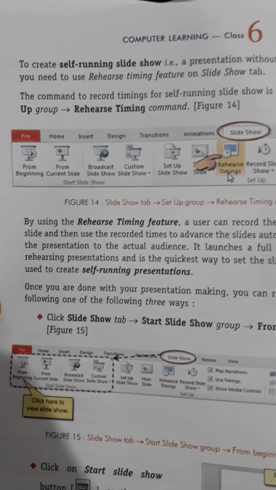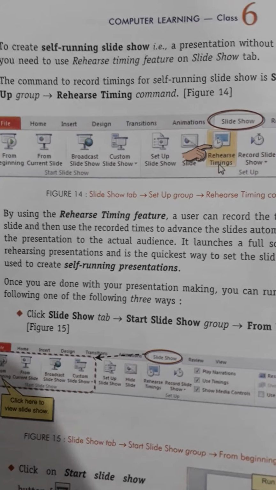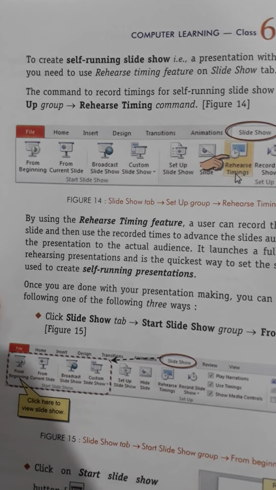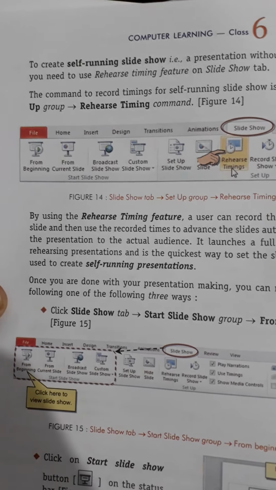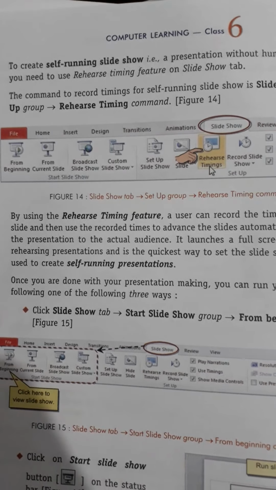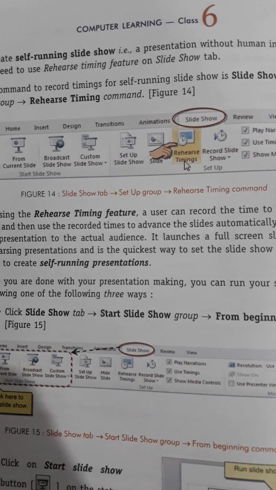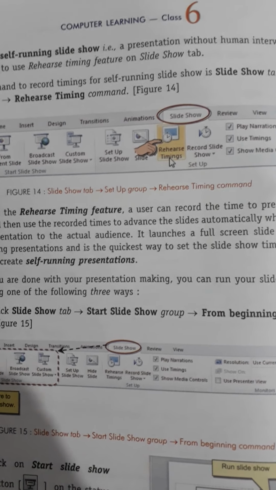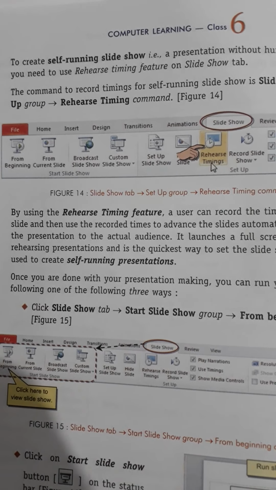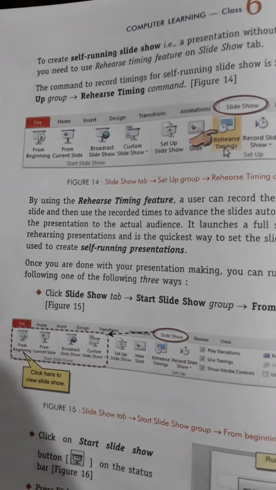To create a self-running slideshow presentation without human intervention, you need to use the rehearse timing feature on the slideshow tab. The command to record timing for a self-running slideshow is slideshow tab, set up group, rehearse timing command.